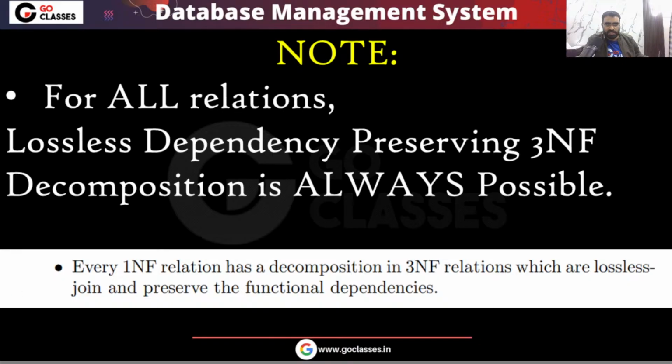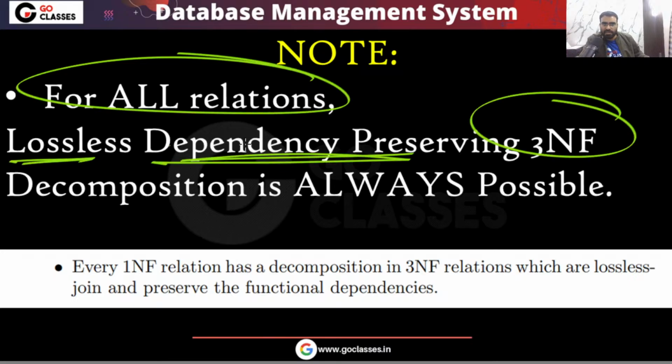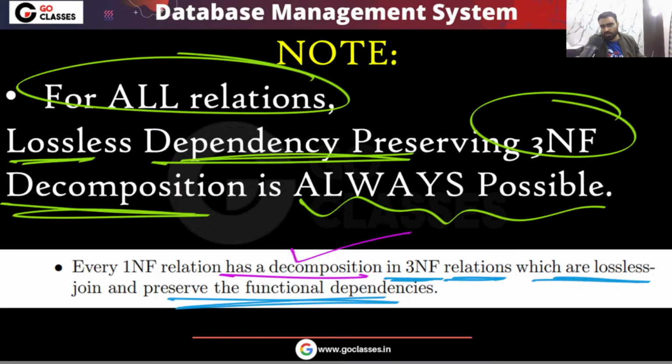So you can read this: for every relation, lossless, dependency preserving, 3NF, this type of decomposition is always possible. Okay, you can see every 1NF relation has at least one decomposition into 3NF relations which is lossless and which will preserve the dependencies also.